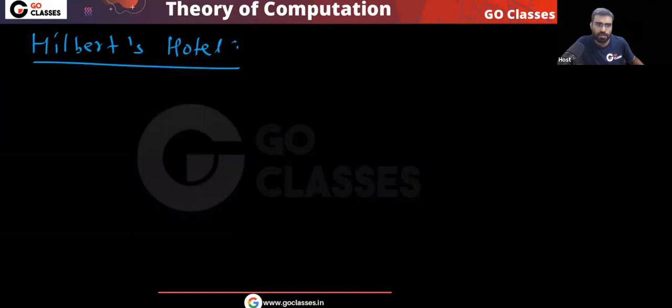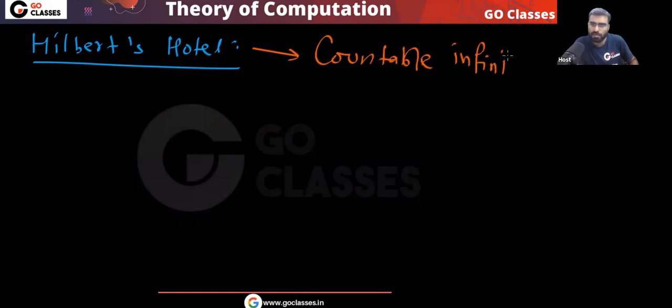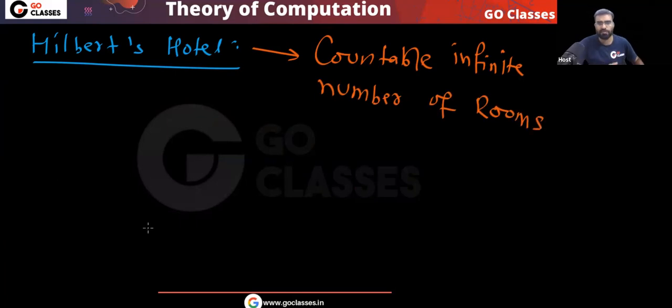So you can see, this is the Hilbert's hotel. In this Hilbert hotel, let's assume, first of all, you have a countable infinite number of rooms. Can anyone tell me why I can say that it has a countable infinite number of rooms?